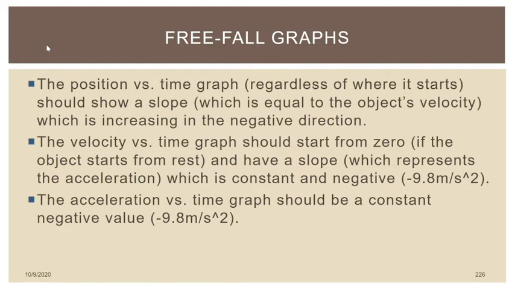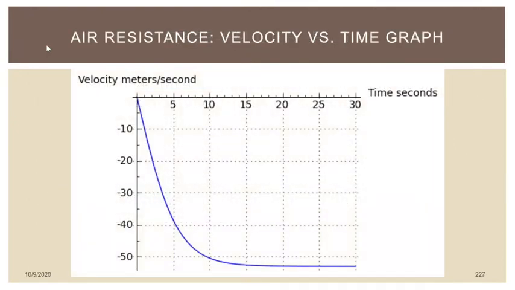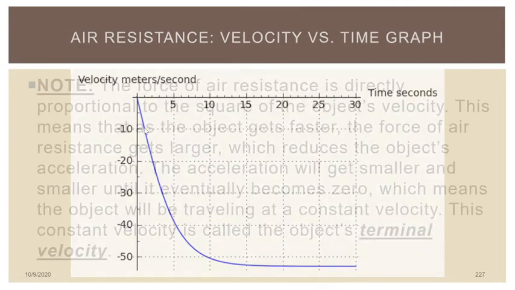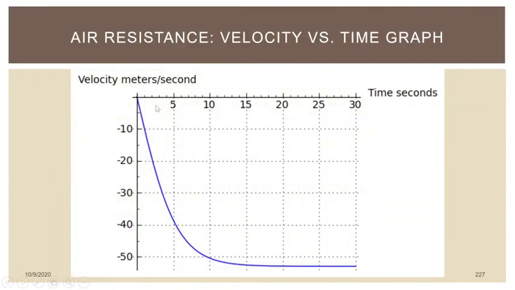All right, just real quick before we wrap this up, we answered a question where we were talking about air resistance. If we reflected the motion of the object when it was experiencing air resistance, it would look something like this for a velocity versus time graph. Notice after the first second, the velocity goes up by just under 10 meters per second.